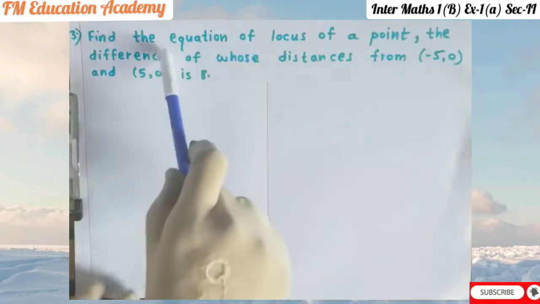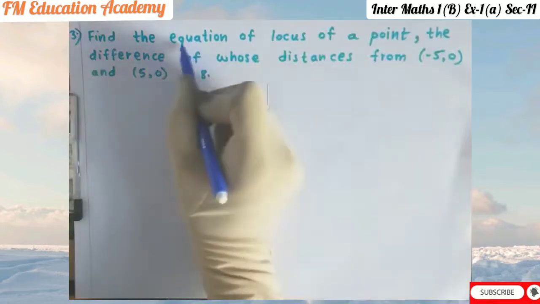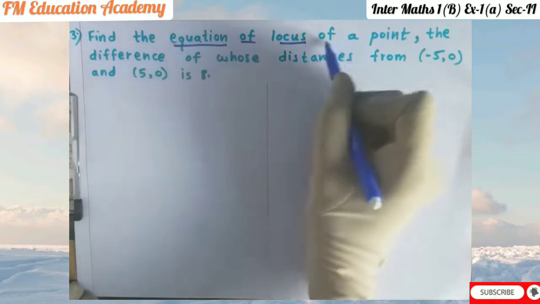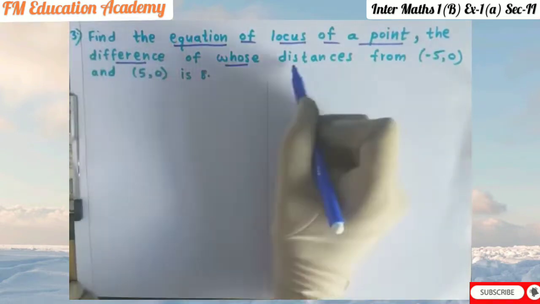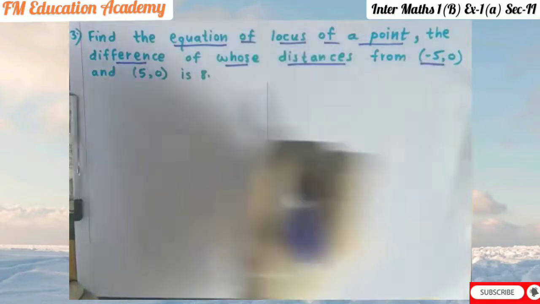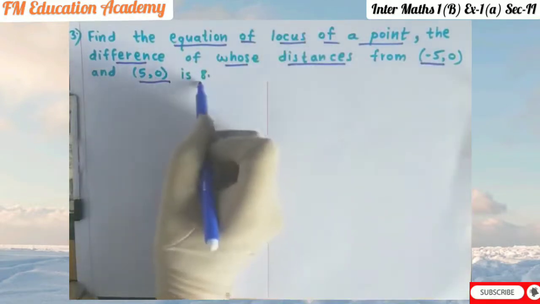Third question. Find the equation of the locus of a point, given that the difference of whose distances from minus 5 comma 0 and 5 comma 0 is 8.